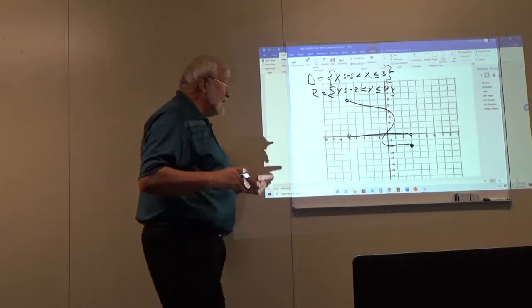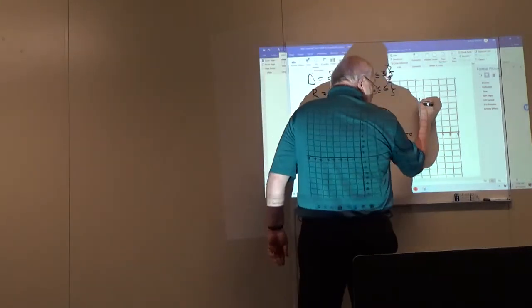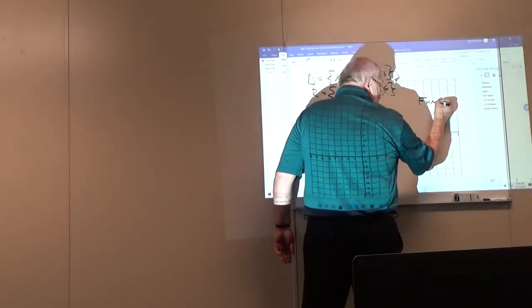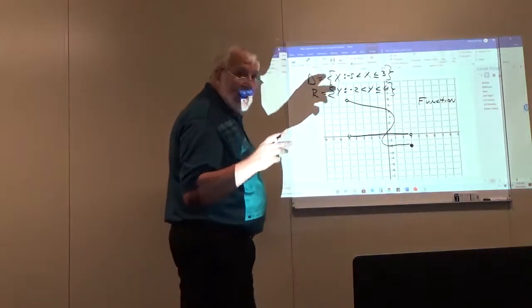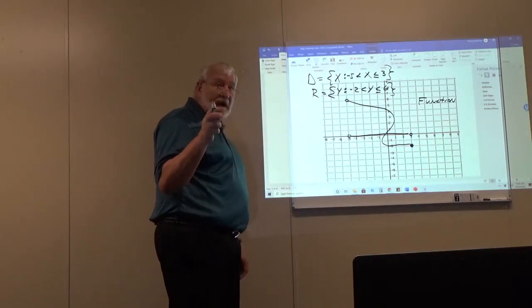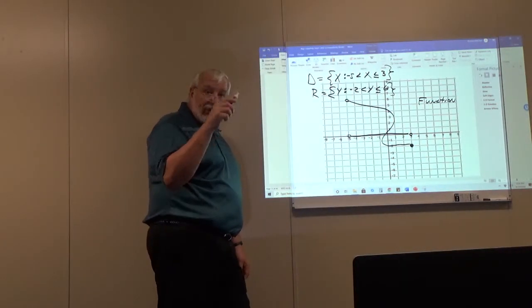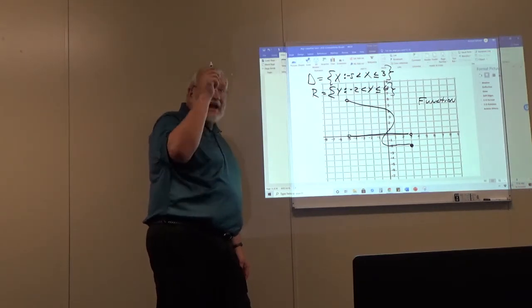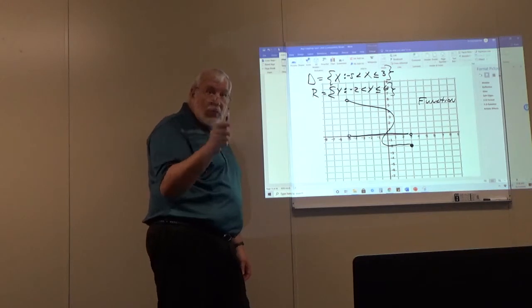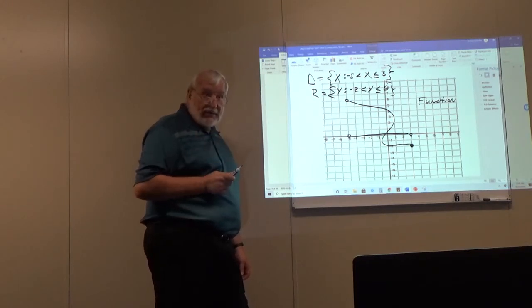The second question has to do with function. Okay, a function is a relation between x and y such that every domain point has one and only one range point.